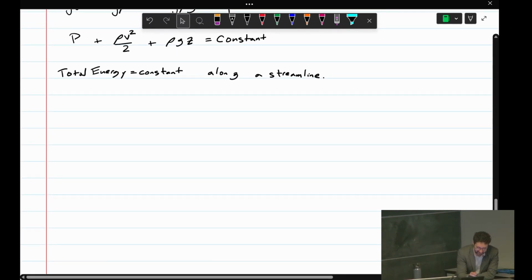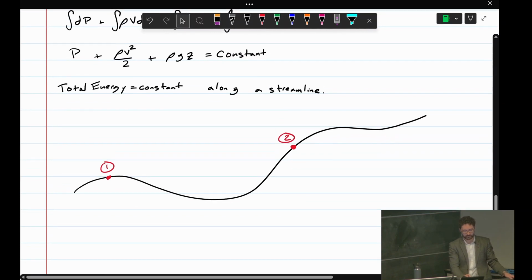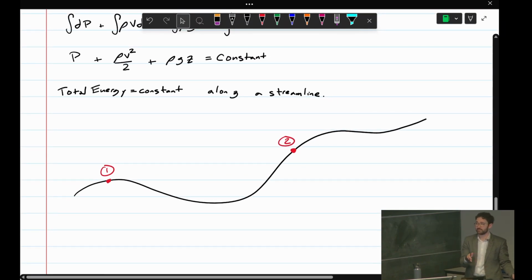So what this means is that since this is constant, if you pick 2 points along a streamline, say you have some streamline here in your flow, and we pick a point here, call it point 1, and we pick a point here, we'll call it point 2, energy is conserved between those 2 points.